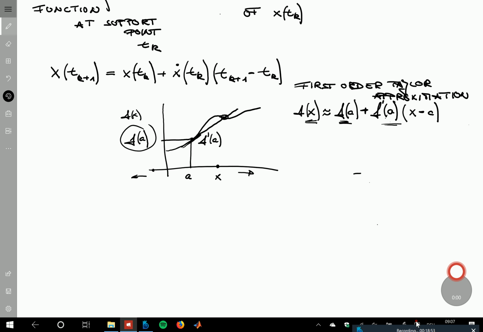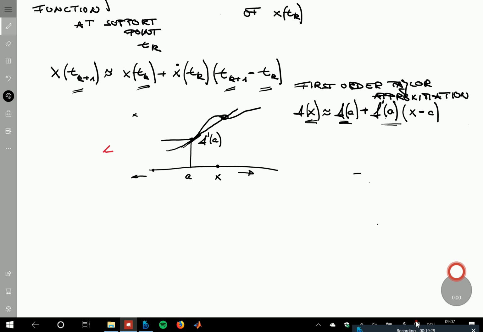So our a is here, our t_k, that's this. And our x is here, that's t_{k+1}. What this just says is that the value of x at t_{k+1} is approximated by the value of x at t_k plus the rate of change of x at the location t_k multiplied by the distance between t_{k+1} and t_k.